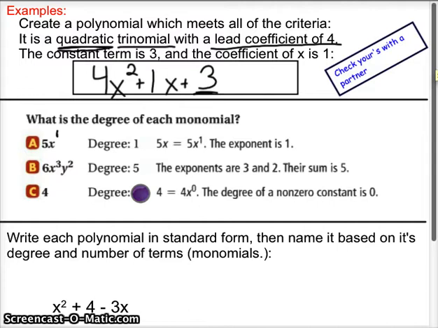Again, won't happen often, but something I do want you to be aware of, that if you have more than one variable, the degree of that term, technically you add those exponents together. And for C, just the number 4. Well, for that, there's really no variable there, so the exponent is going to be 0, representing the fact that there's no variable.